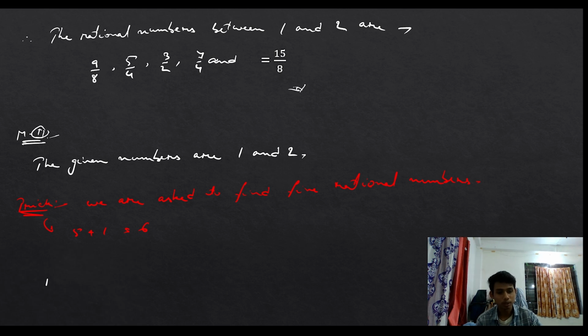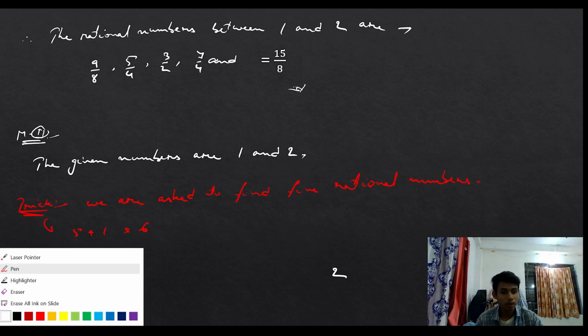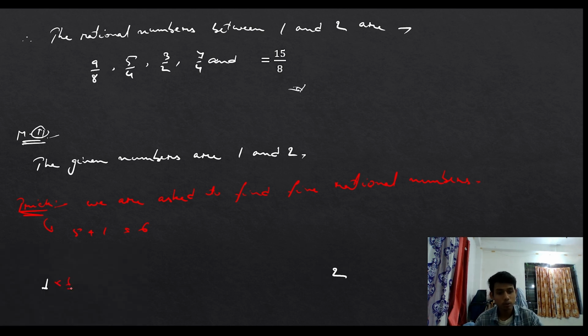Now we'll take the numbers 1 and 2. We'll convert 1 and 2 into the form of equivalent rational numbers by multiplying both numerator and denominator by 6. So multiply 1 into 6 by 6, and the same goes with 2 into 6 by 6. That is equal to 1 into 6, which is 6 by 6, and 2 into 6, which is 12 by 6.